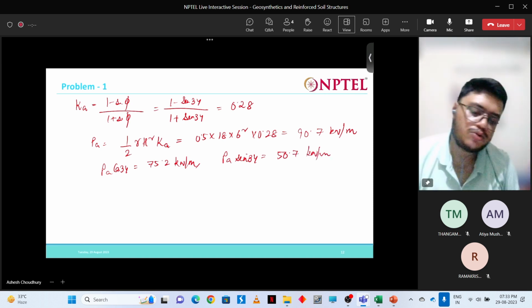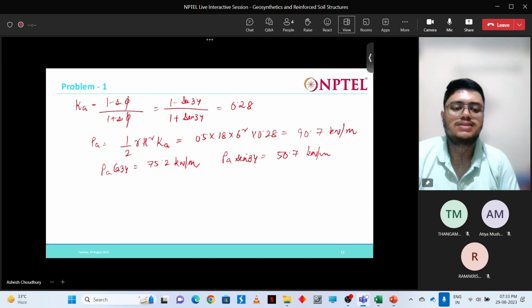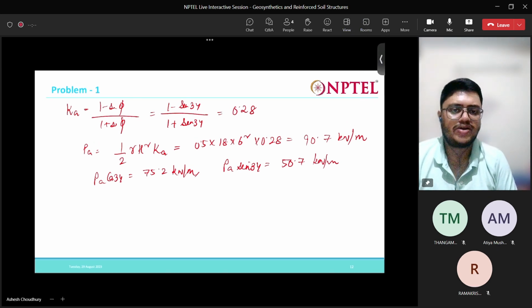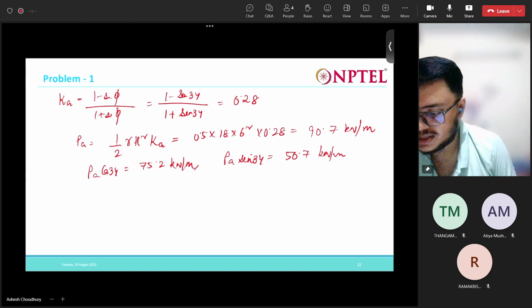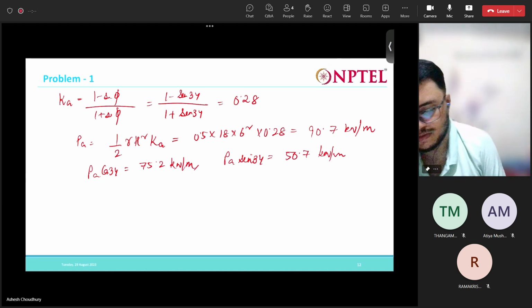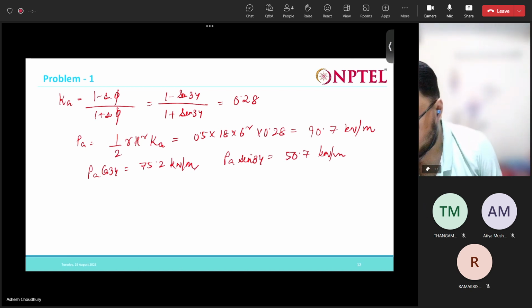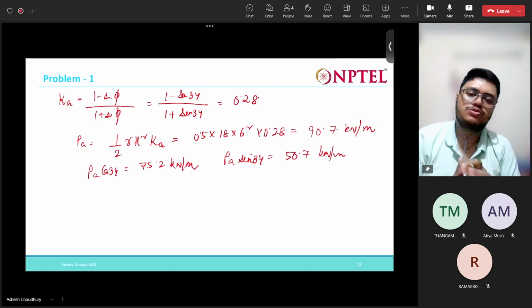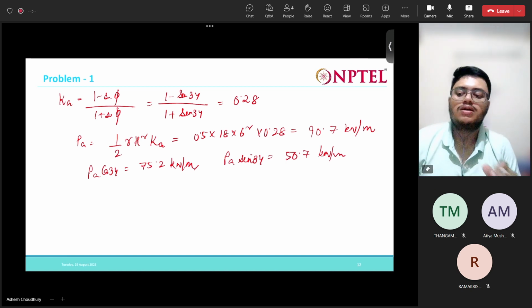So you can see here no earthquake forces and nothing has been considered. They have just solved it in a very simplified way, just for the purpose of understanding. But while you do the solution in your exam, follow whatever was done by Professor Rajagopal in the class.